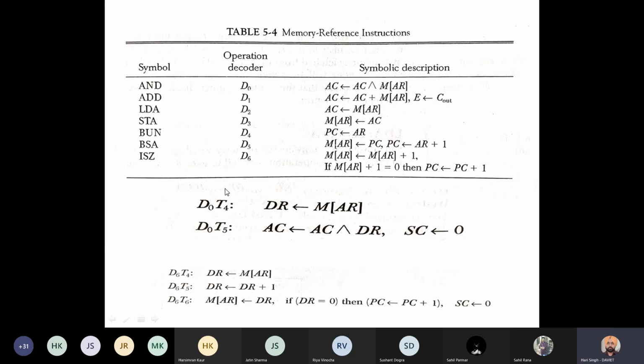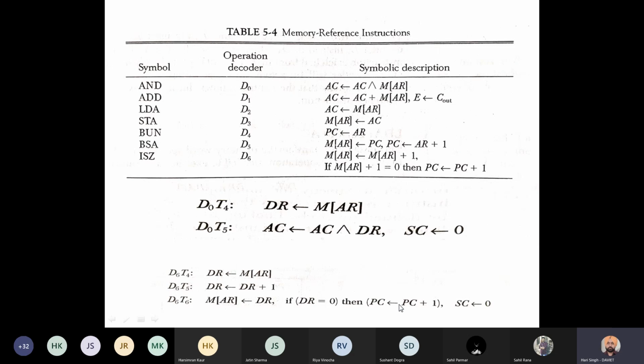D6 should be 1 because D6 is related to the ISZ instruction, and T4 is the state when this operation is performed. In the T5 state, the byte we brought into the DR register will be incremented. In the T6 state, if the byte is 0, it will be skipped.